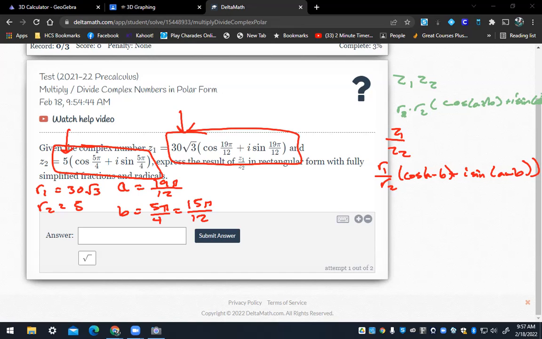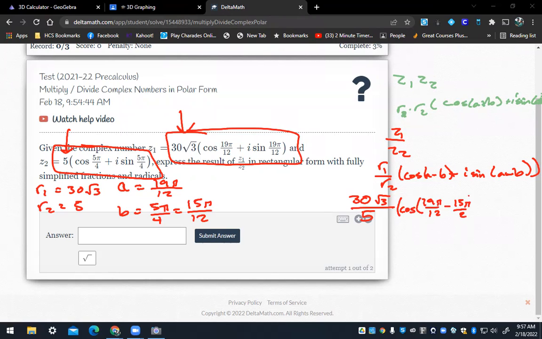All right, so check this out. We're going to have 30 root 3 over 5. Okay, that's just R1 over R2. And then cosine of A minus B. So A is 19 pi over 12 minus 15 pi over 12.